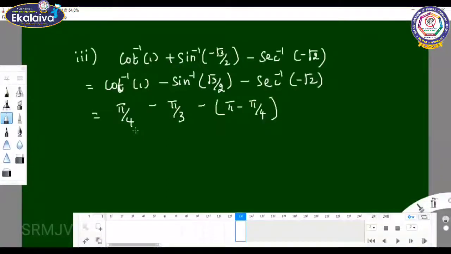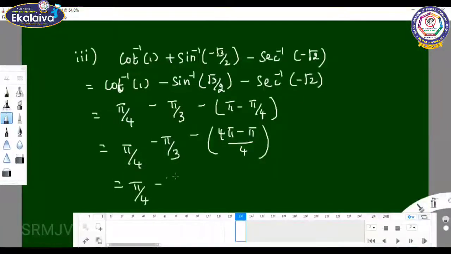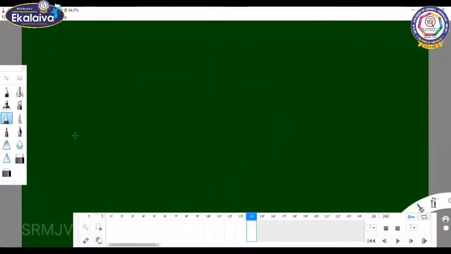So you can take the LCM. Pi by 4 minus pi by 3 minus, pi minus pi by 4, so it gives pi by 4 minus pi by 3 minus 3 pi by 4.